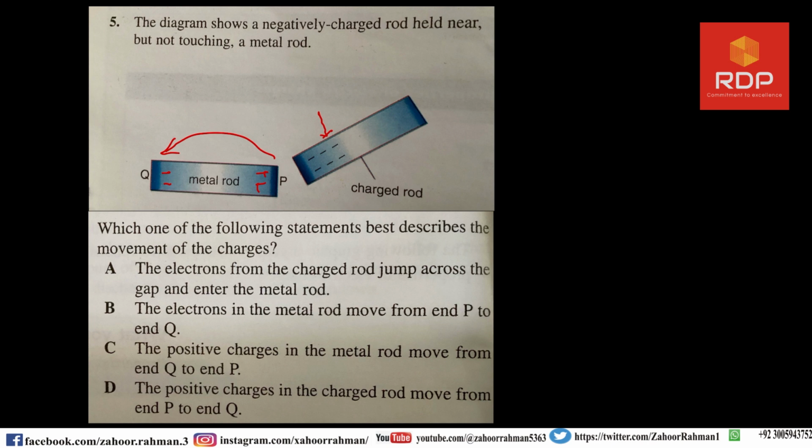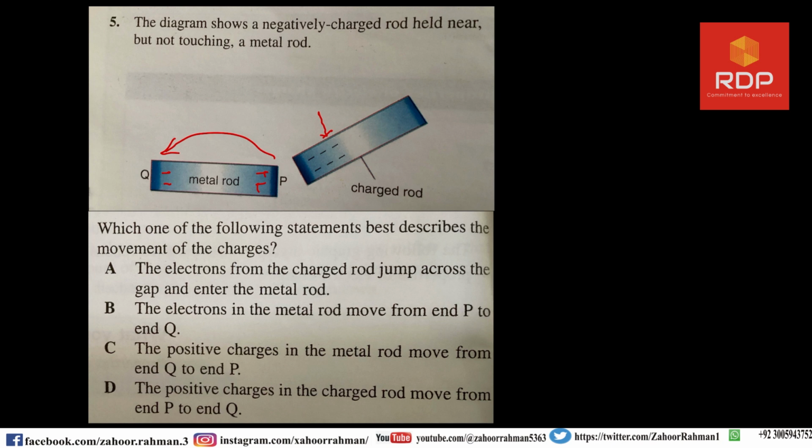So positive charges will be attracted and negative charges will be repelled. The first part is saying the electrons from the charged rod jump across the gap and enter the metal rod. Now it is absolutely not the correct answer.